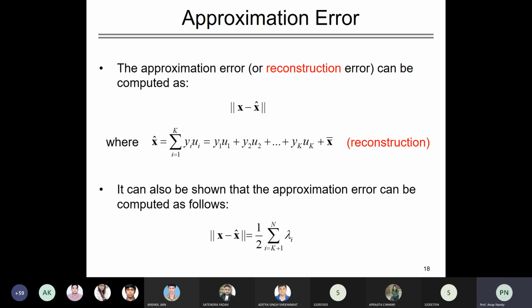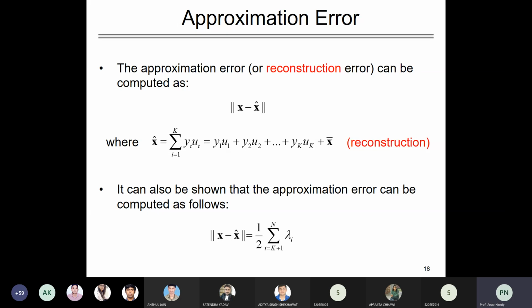Where x hat is equal to y1 u1 + y2 u2 + ... + yk uk plus x. It can also be shown that the approximate error can be computed in this way: the half of it is the sum from i equal to k plus 1 to n of lambda i.